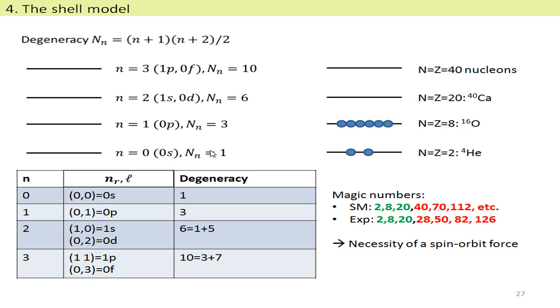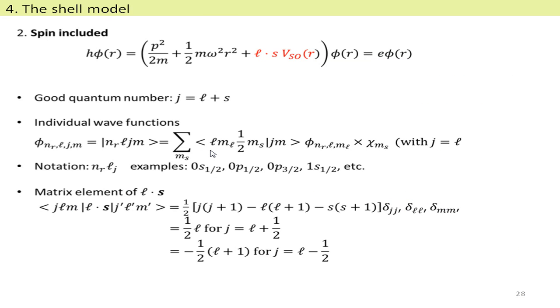So this explains helium-4, oxygen-16. So if you look at the different magic numbers, this simple approximation explains the magic numbers 2, 8, 20, but doesn't explain the magic numbers beyond 20. So this is an indication that a spin orbit force is necessary.